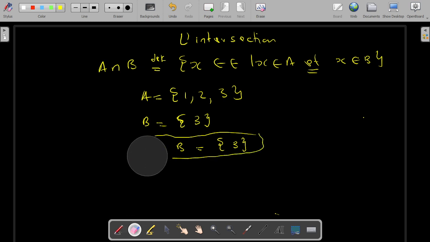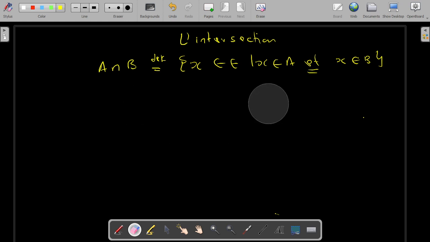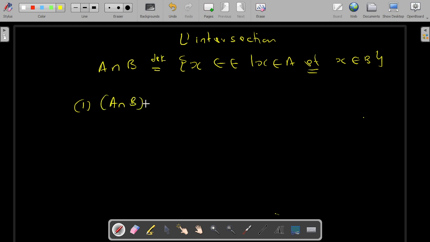So what are some of the most important points that you guys are supposed to remember? Well, the first point is that A intersection B is always going to be a subset of A. Now this is easy to see, and A intersection B is also going to be a subset of the set B, because we are extracting from the individual sets A and B the elements that they have in common.